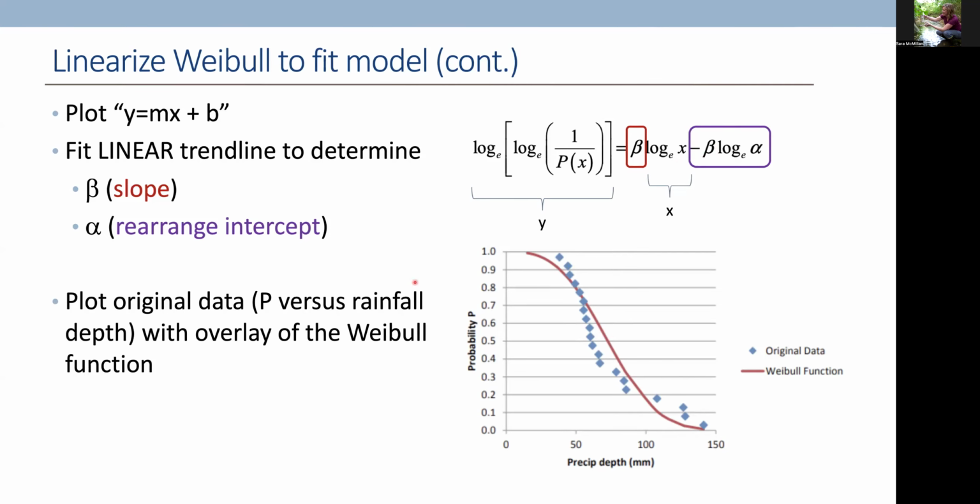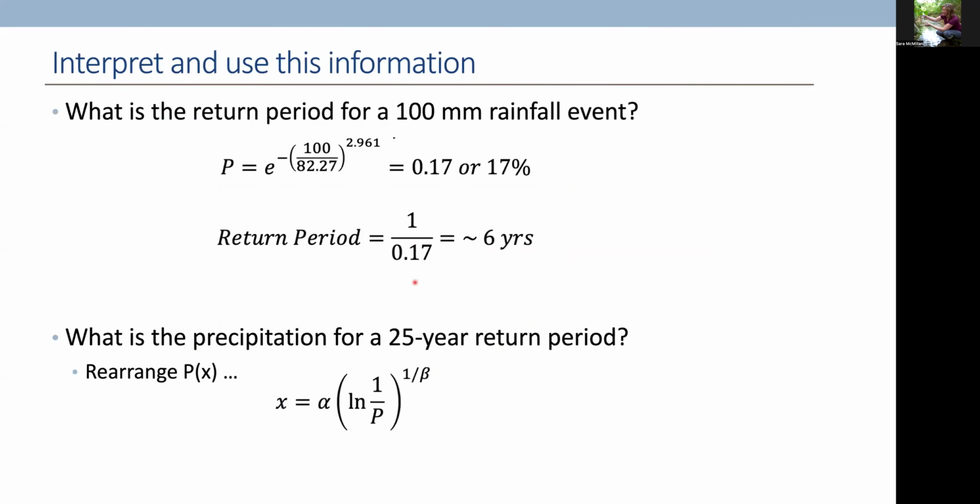What do we do with all that data, and why is this helpful? We can start to answer questions like, what is the return period for a certain type of rain event? So we can plot these in here. Here's our Weibull probability distribution function. We know a 100 millimeter rain event.